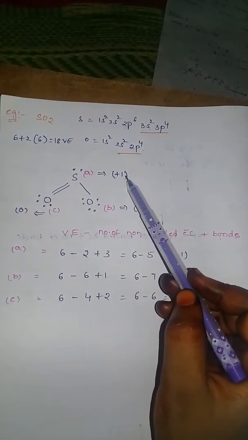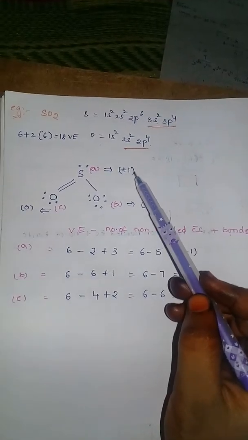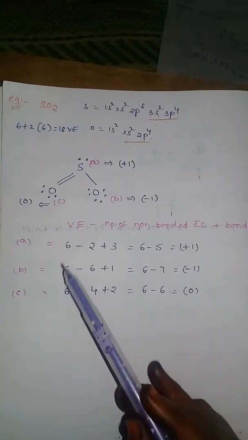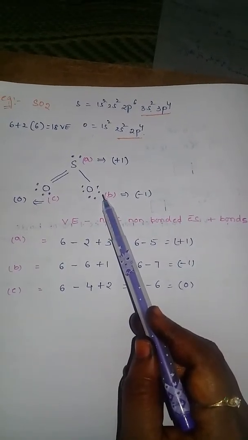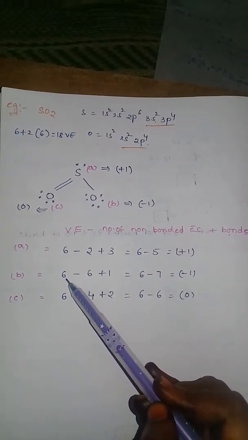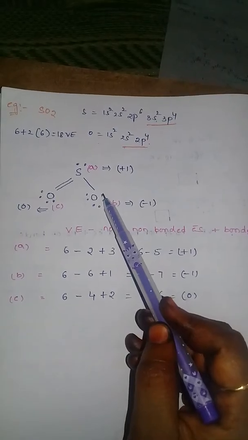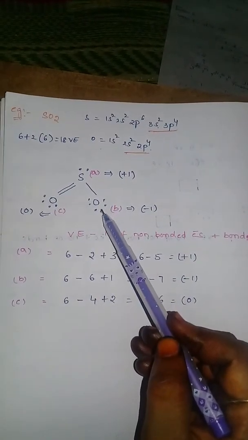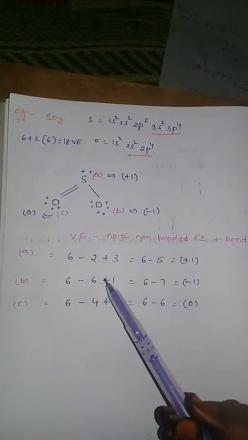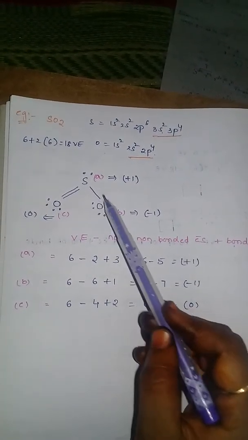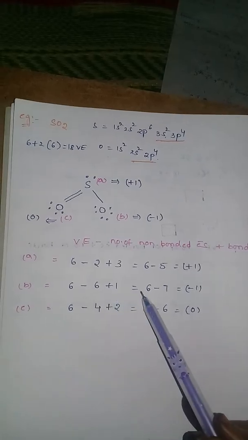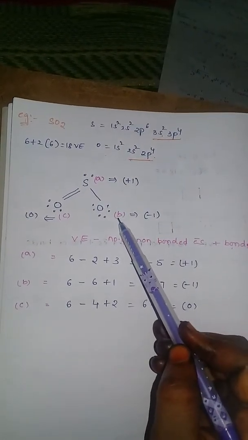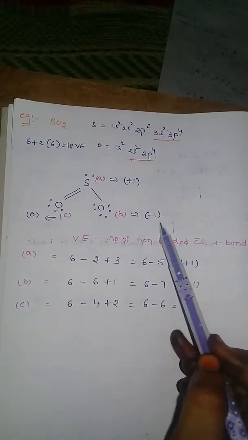So atom A gets plus 1 formal charge, and the same approach for B. Here B is oxygen. Oxygen has 6 valence electrons, minus number of non-bonded electrons: 1, 2, 3, 4, 5, 6. 6, plus how many bonds surround oxygen? 1. 6 minus 7 is equal to minus 1. So atom B gets minus 1 formal charge.